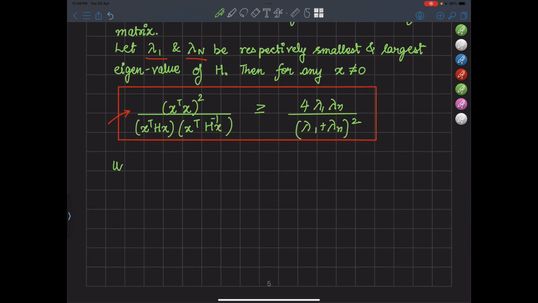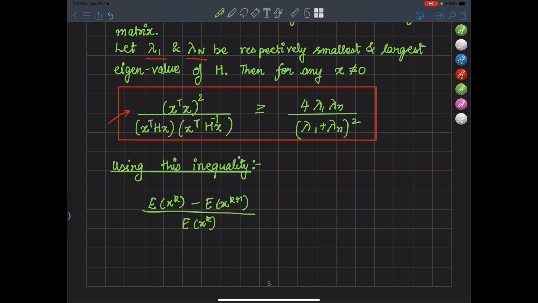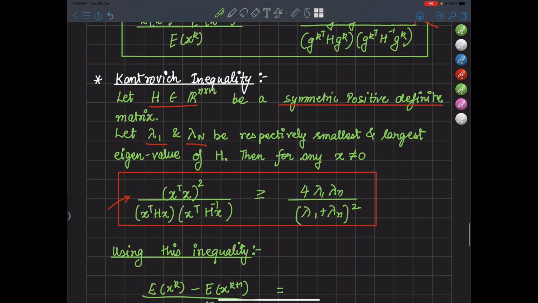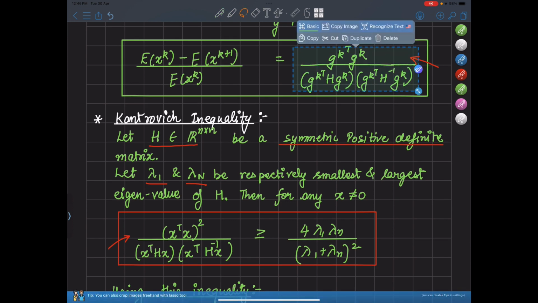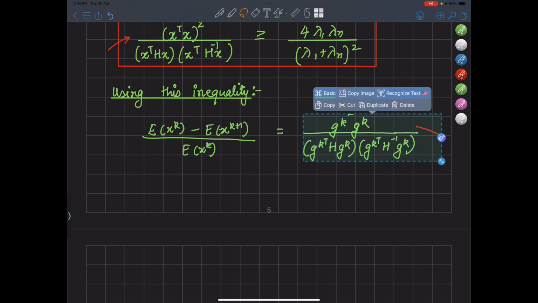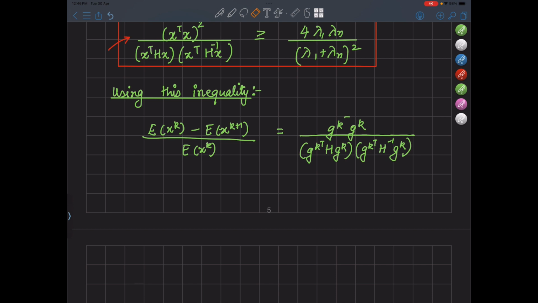So using this inequality, the relative decrease in error function can be written as, I'll first copy this part here, greater than or equal to 4 times lambda 1 lambda n upon (lambda 1 plus lambda n) whole square.